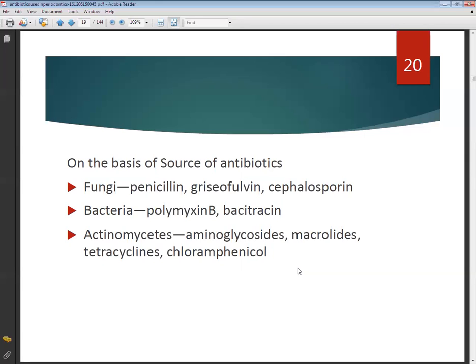Polymyxin and bacitracin are derived from bacteria. Aminoglycosides, macrolides, tetracyclines and chloramphenicol are derived from actinomycetes.